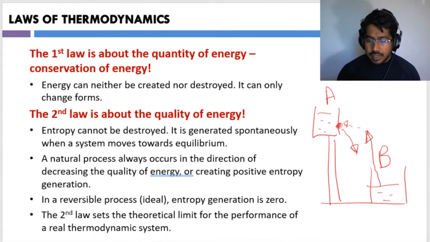Once this water reaches B, does it have the same quality or the same potential to do work as it had earlier? So that means it naturally occurs in a way that reduces the quality of energy, right? And it also says creating positive entropy generation.